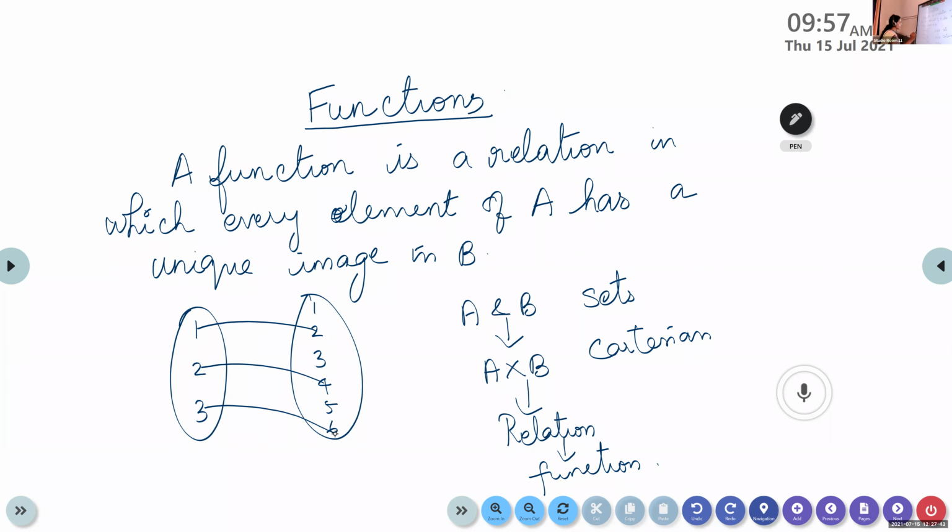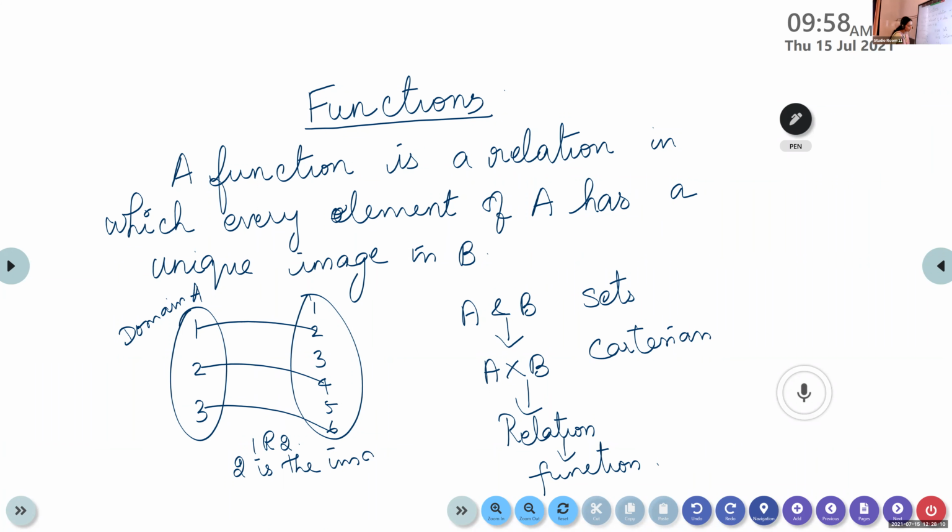This is our domain. Every element in the domain should have an image. Here, 1 is mapped onto 2, so we can say 2 is the image of 1.